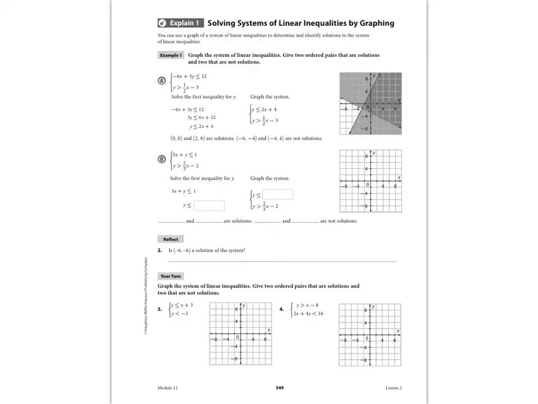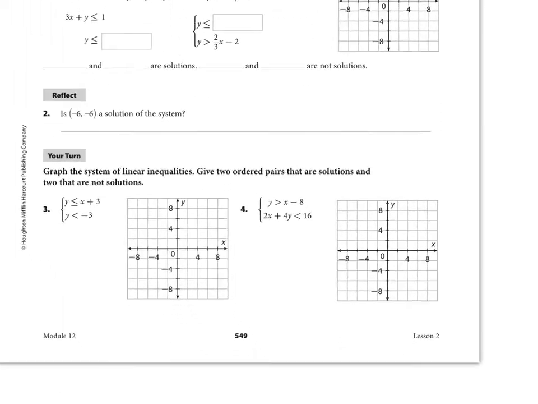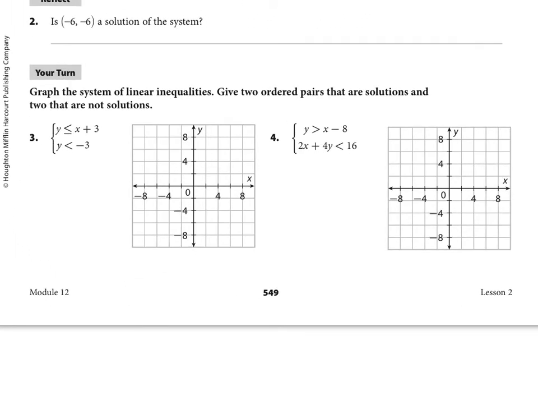On the bottom of page 549, let's take a look at these problems. We're going to graph the system of linear inequalities, and give two ordered pairs that are solutions and two that are not solutions. The first inequality is y is less than or equal to x plus 3.